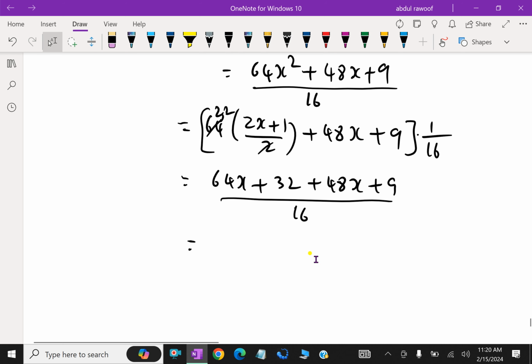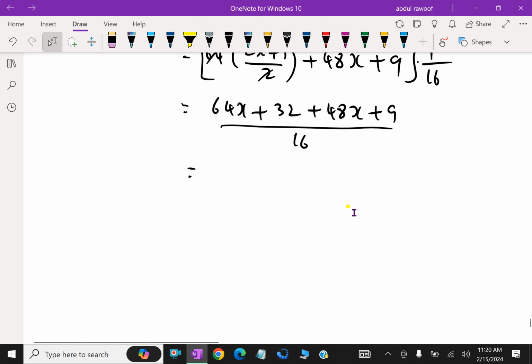Then 64x plus 48x equal 112x, and 32 plus 9 is 41, over 16. This is x power 8.